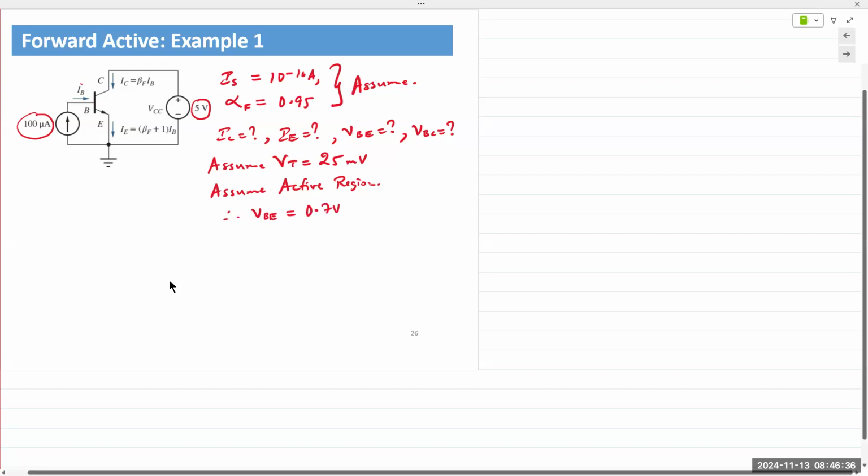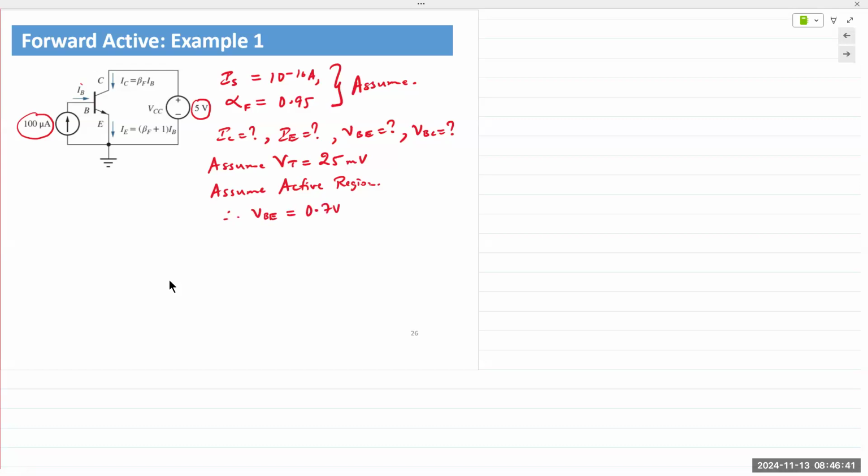We will find the exact value as we progress through the problem, but for the beginning analysis, we'll assume 0.7 volts. VBE would be positive because current IB is flowing into the transistor. It's an NPN transistor, so it's going from P to N, across the PN junction.